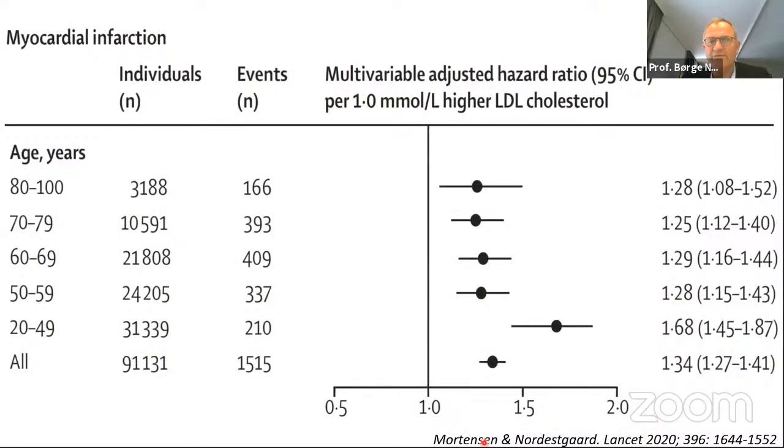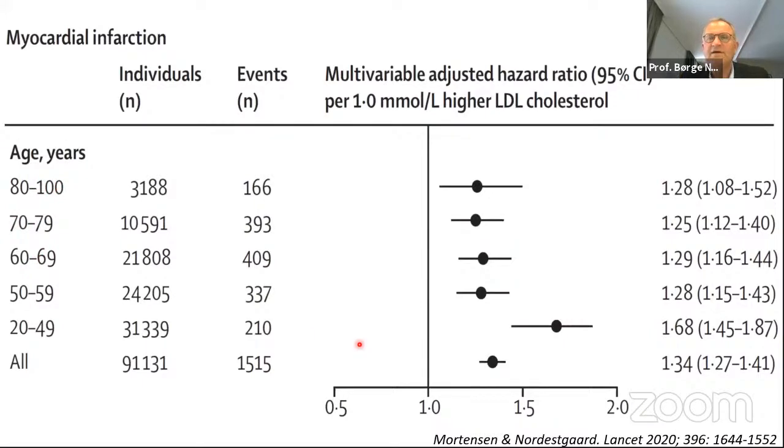I will finish off by showing some new data published last year in The Lancet together with Martin Mortensen again, where it seems that most guidelines stop advising statin therapy at about age 70, 75. So we tried to look at what is the importance of high LDL cholesterol in the elderly. In the Copenhagen General Population Study, we looked at the 20 to 49, the 50 to 59, the 60 to 69, the 70 to 79, and the 80 to 100-year-olds.